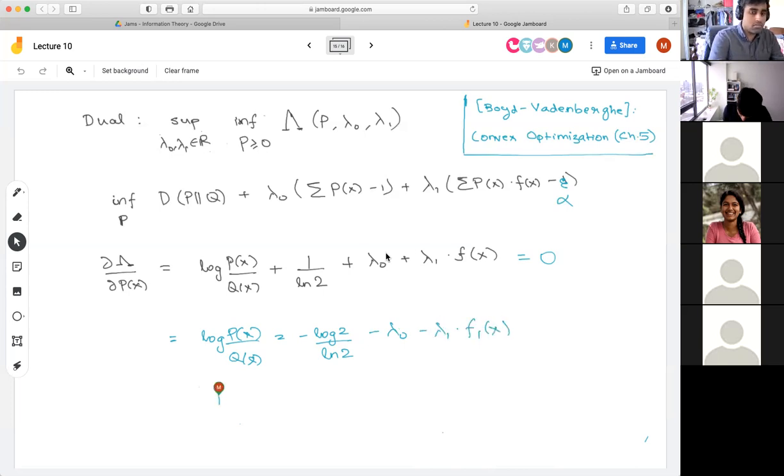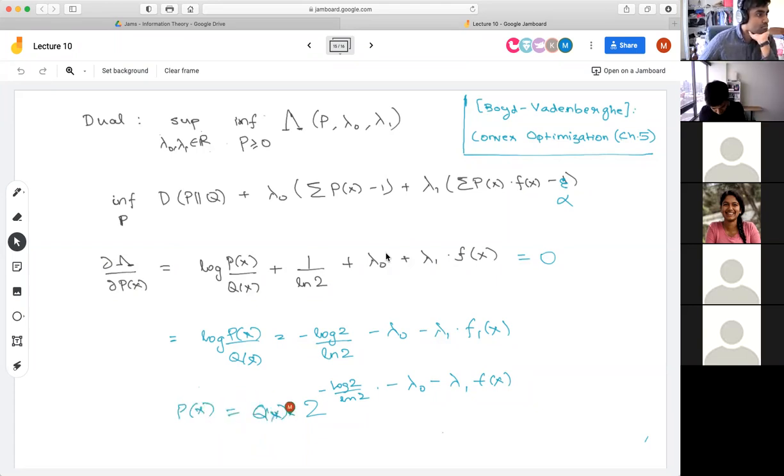And so P of x divided by Q of x is equal to 2 to the minus log 2 over ln 2 minus lambda 0 minus lambda 1 times f of x, or rather P of x is equal to Q of x times this.